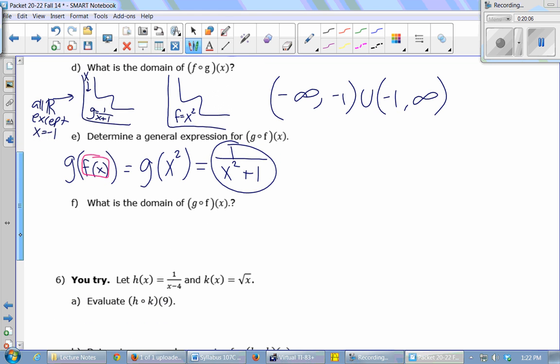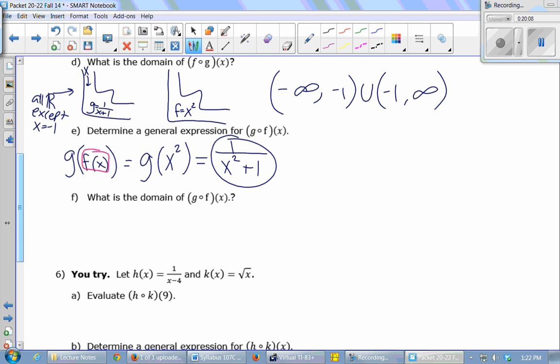All right, so if I want to find the domain of this thing, I like to always draw pictures when I'm doing domains of compositions because it can get a little tricky, as we will see in this example. So this time, F is the first machine and G is second. So the first thing that goes in is X. It goes into the F machine.